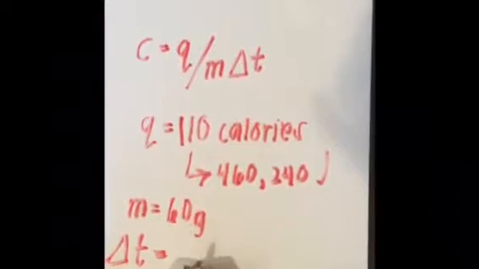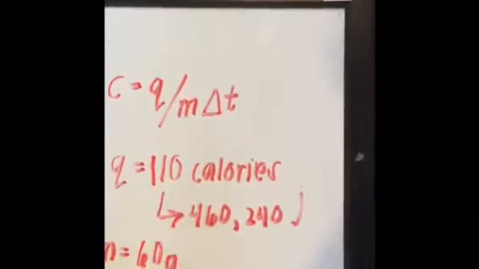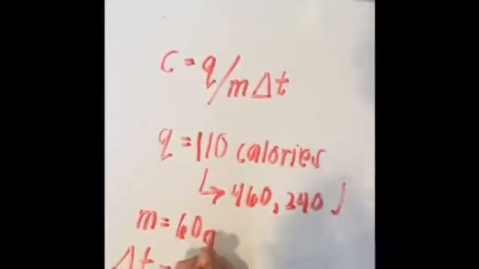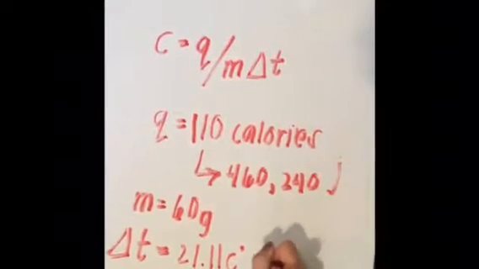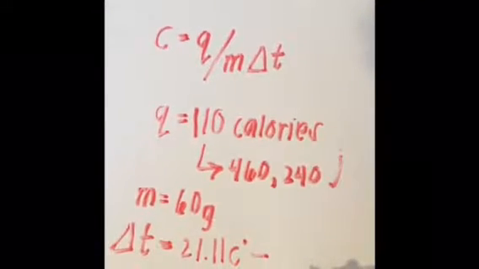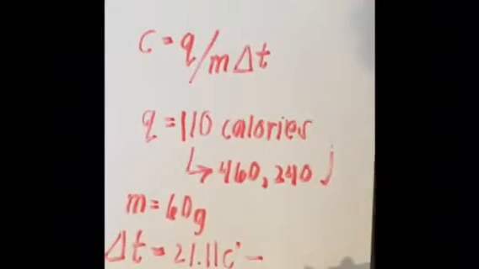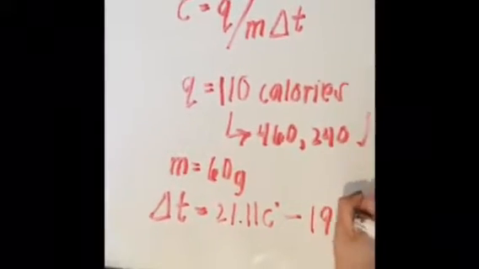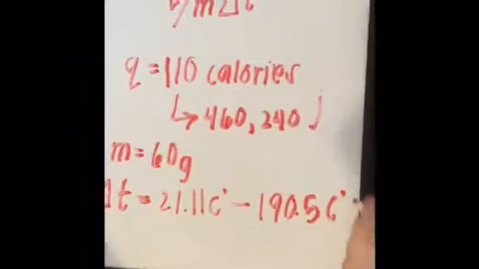So the initial temperature was 70 degrees Fahrenheit, but I converted that to Celsius, which is 21.11 degrees Celsius. And then the final temperature I took out, it was 375 degrees Fahrenheit, and I converted that to Celsius, which was 190.5 degrees Celsius.